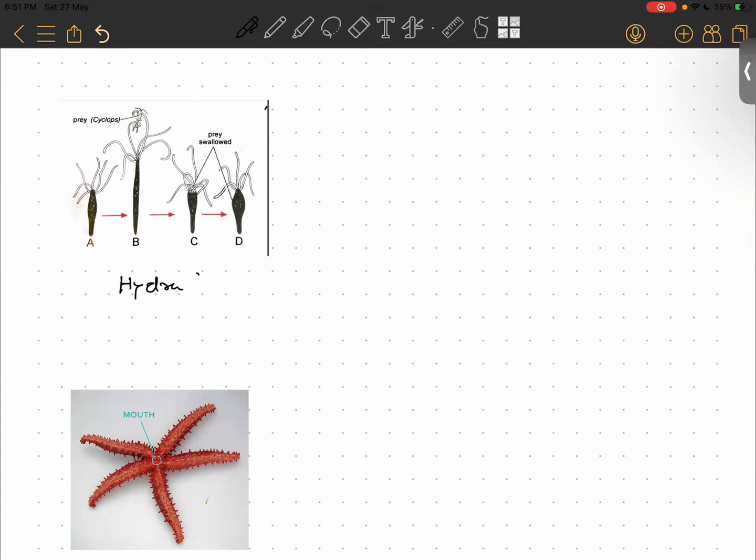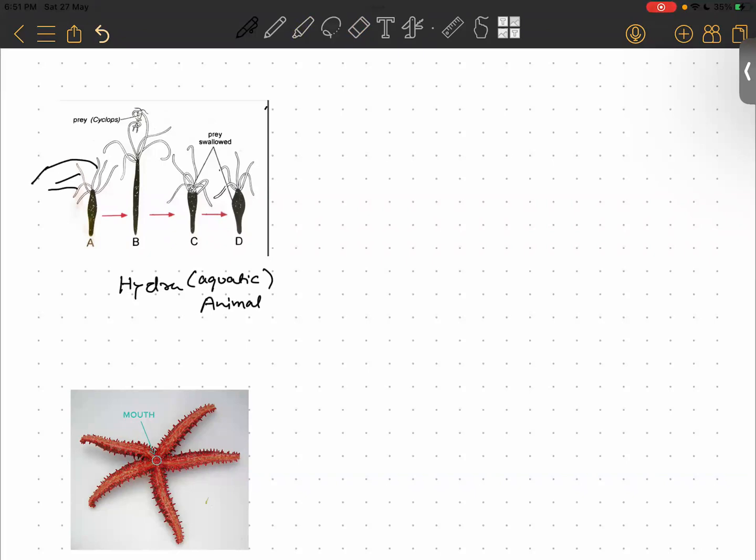Hydra is an aquatic animal. What does aquatic mean? Underwater. So you see, this hydra looks like this, and it has structures around its mouth that are called tentacles.